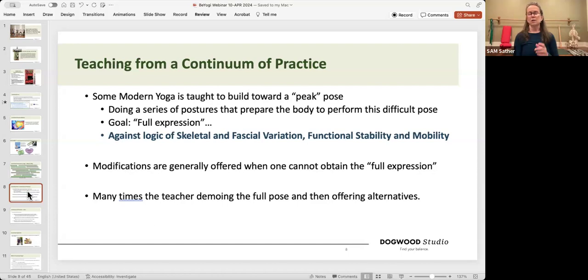I was trying hard, and I know it's discipline, but in modern yoga, my first training was Ashtanga, but from an American format that was very aesthetic, very aesthetic. And so I was trained to repeat a series, primary and secondary series, and we're looking for my full expression. Not saying that all Ashtanga is that way, but it's the way that a lot of us are initially taught. And it's really against the logic of skeletal and fascial variation and functional stability and mobility.